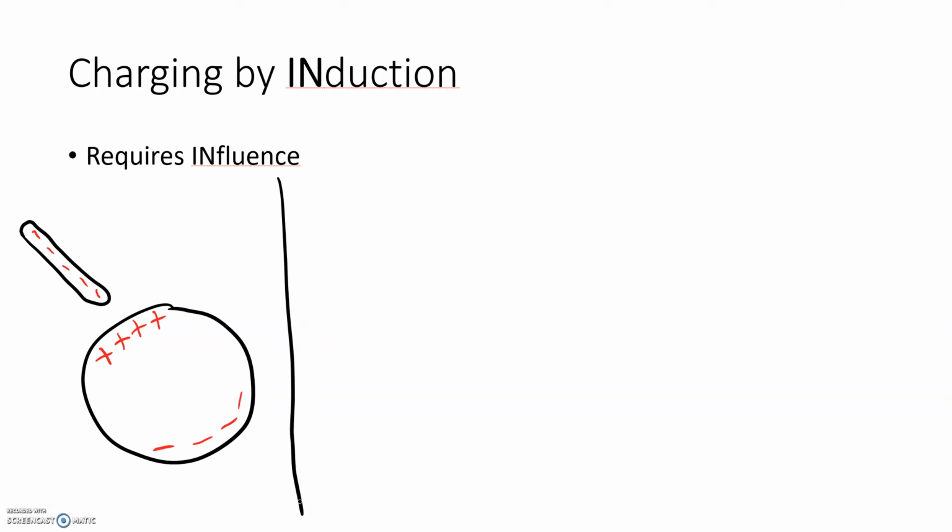Now, if I don't do anything else and I just take the rod away, the sphere goes back to being neutral. But I don't want that to happen. I want to create a charge on the sphere.